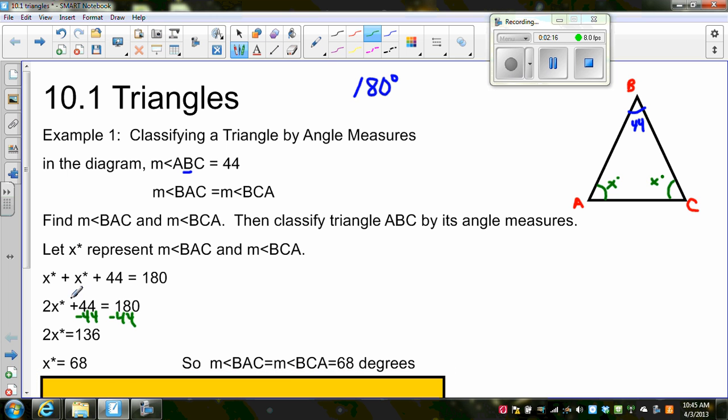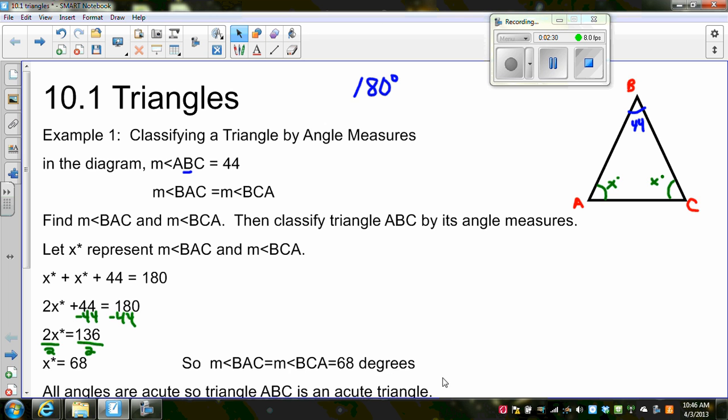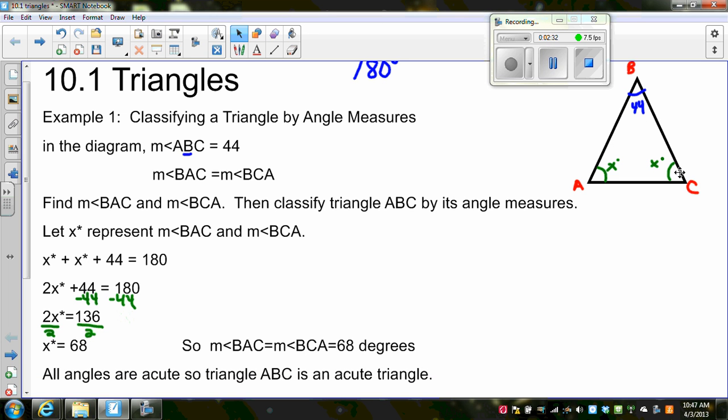So if we divide it by 2, we're left with 68. So then we can say that the measurement of BAC and the measurement of BCA equals 68 degrees. So since all of these angles are under 90 degrees, they're all acute, so it's an acute triangle.